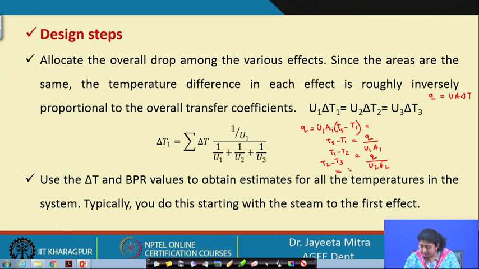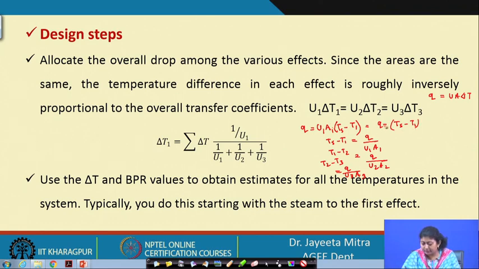and T2 minus T3 is equal to Q divided by U3 A3, right. So, if we add all these three equations, we get Ts minus T3, that is the overall heat transfer.